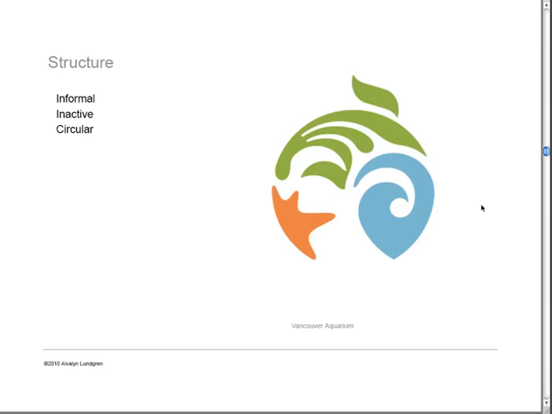So we look at this logo. Obviously, for an aquarium, we notice that there's an informality to it. In terms of how space is divided, we have the area that's sort of the blue, the area that's the orange, and then we have the yellow-green. It is inactive because we don't really see that division in thirds. It's suggested or understood because of how the active elements are working, but the structure itself is unseen.